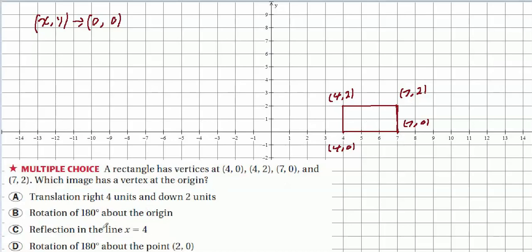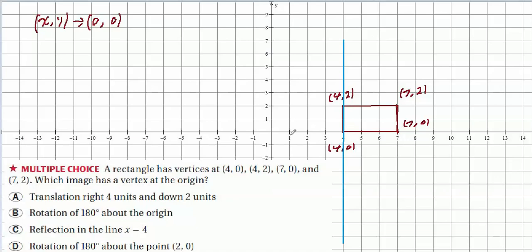Reflection in the line x equals 4. Well, now we're talking about something here. We might have something. Let's take a look at the line x equals 4. Remember how we reflect things about a line: however far it is away from the line on one side, it has to be the same distance on the other side.